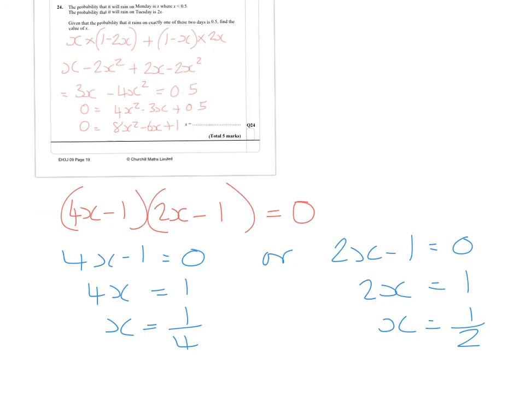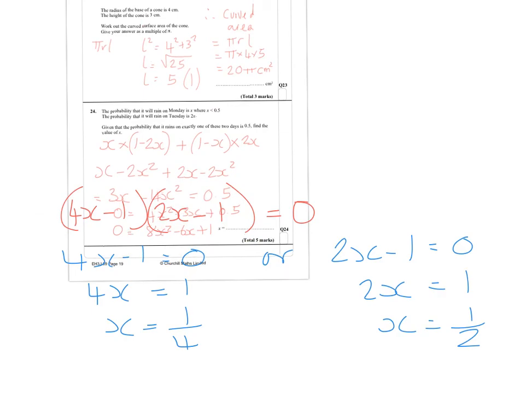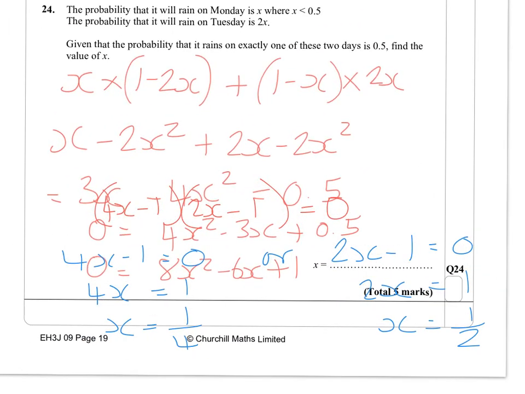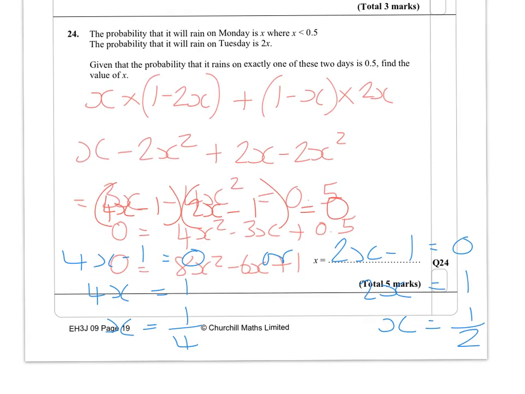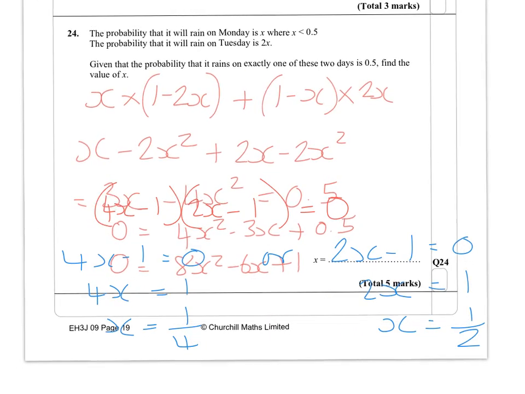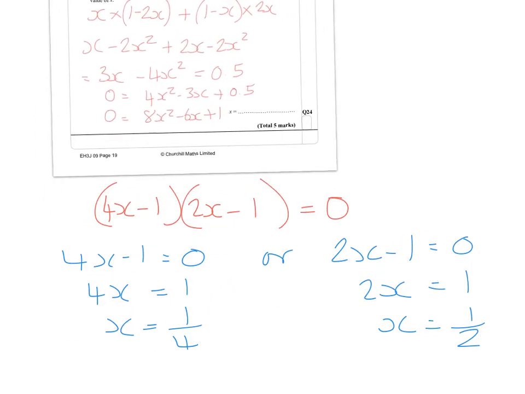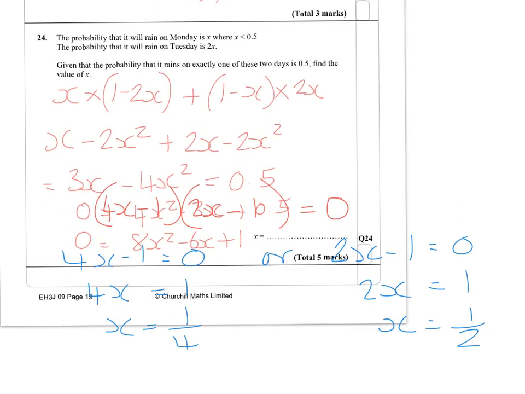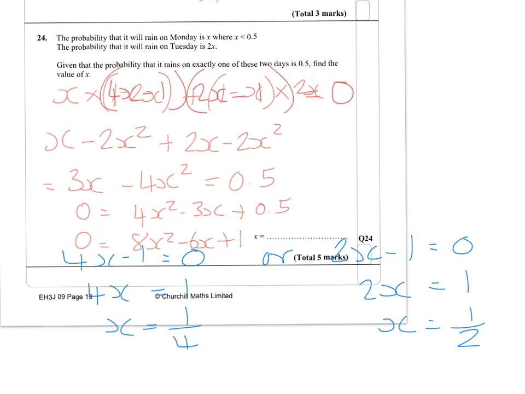So what are we told in the question? x is less than a half. I don't know whether you saw that, sorry, let me just go back. x is less than a half.